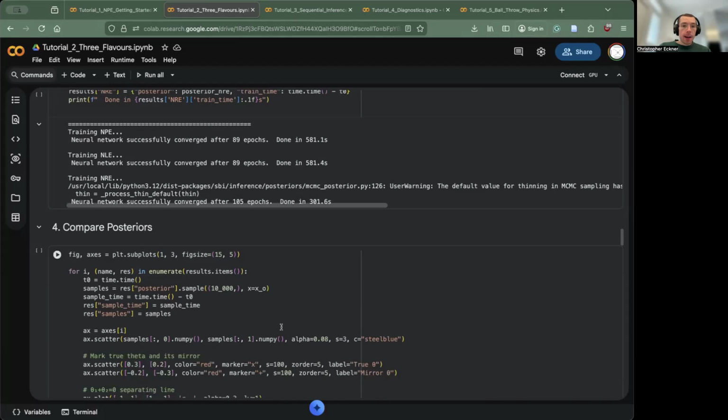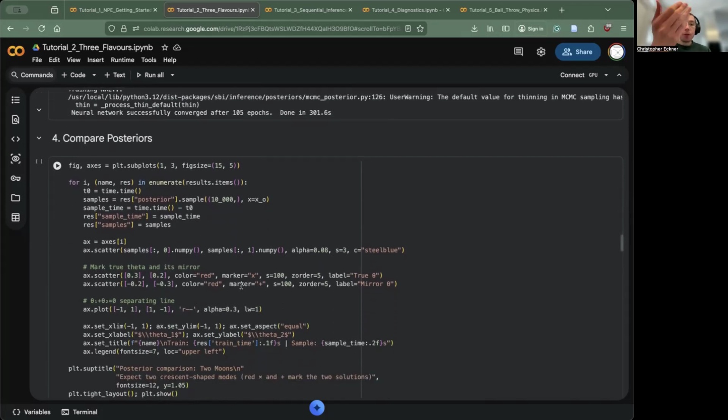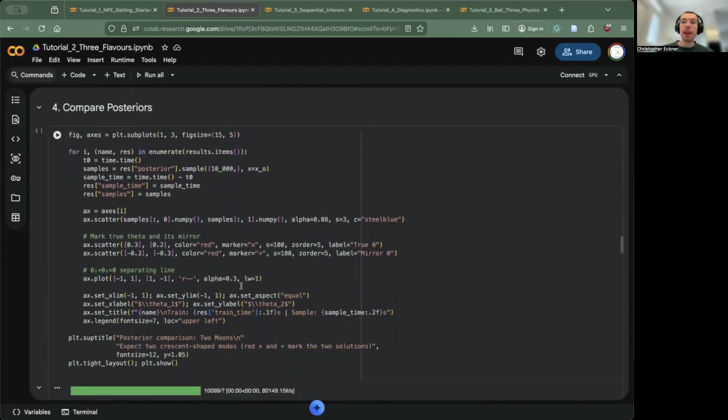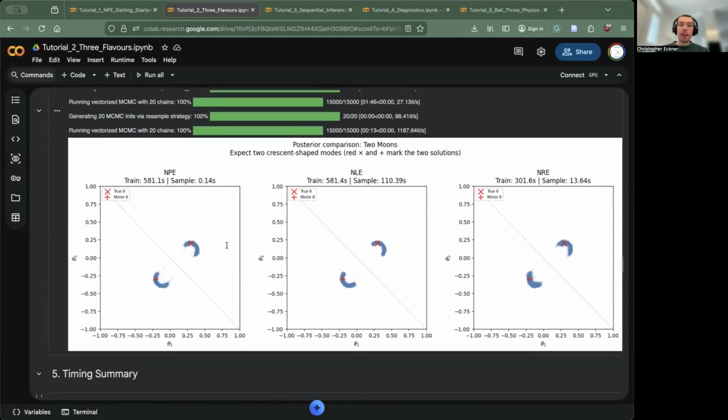Okay, and what we want to know is what happens now if we show samples sampled from the posterior for the three different cases of training. Okay, so let's have a look. With 10,000 samples, and we bin the obtained samples for these two angles, theta1 and theta2, we see that there seems to be a multimodality.